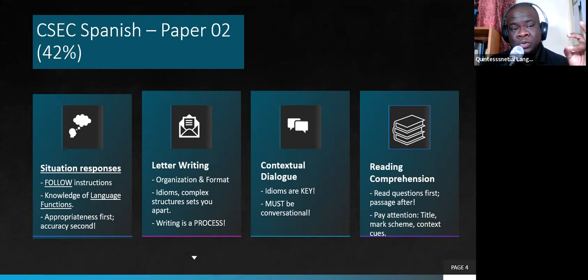We have the Paper 2, which is the one we're preparing today. And this is called reading and writing. And you have the Paper 3, which is the oral exam, right? And as we see here, this carries the bulk of the weight. So it needs a lot of special attention, yeah? And the different components are, we have the situation responses, we have letter writing, we have contextual dialogue, and we have reading comprehension. So we'll go through each one of these.